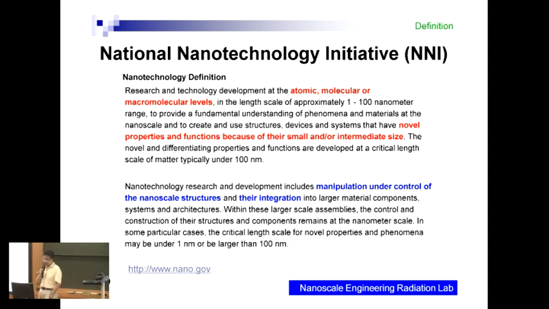In some particular cases, the critical length scale for novel properties and phenomena may be under 1 nanometer or a little beyond the 100 nanometer. But basically, we are talking about using nanotechnology to manipulate material properties and to construct something, even build up devices that we can use.